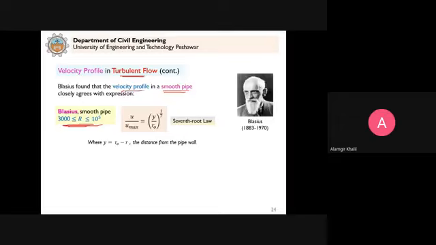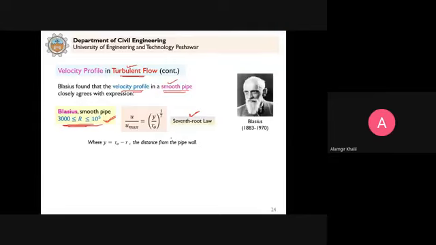But this velocity profile is for a smooth pipe, and the Reynolds number has to be between these ranges. This equation is known as the 7th root law. So you can use this equation to plot the velocity profile in case of turbulent flow.